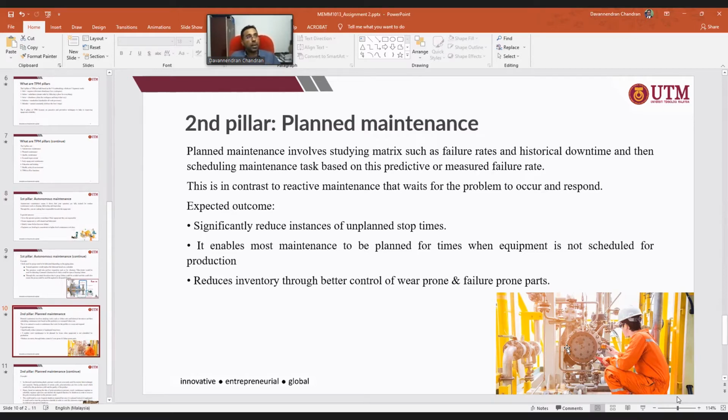For example, when turnaround or shutdown activities take place. You have already had a planned shutdown or turnaround, and during that time, you go and do all the maintenance of the equipment. This also reduces the inventory through better control of wear-prone and failure-prone parts.